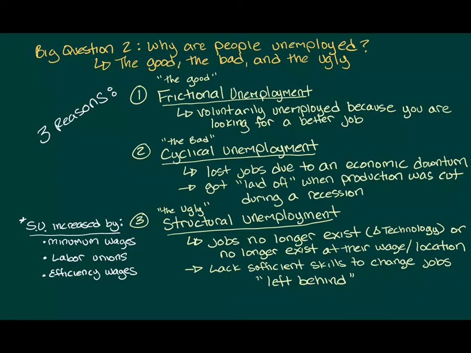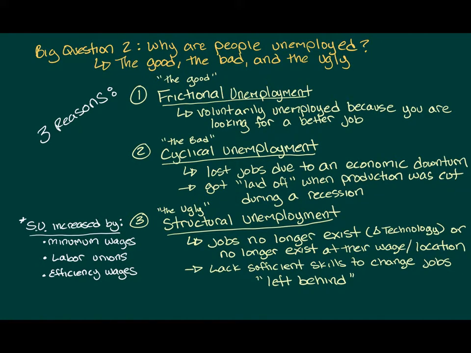Last but not least, another thing that sometimes comes up that will create structural unemployment is when employers opt to pay what we call efficiency wages, or we sometimes call this incentive pay. So if you've got a job that's offering to pay people higher, the more they work or the harder they work or the better they are, things like a job based on commission, you'll actually see, if this becomes widespread enough, an increase in overall structural unemployment in the economy.